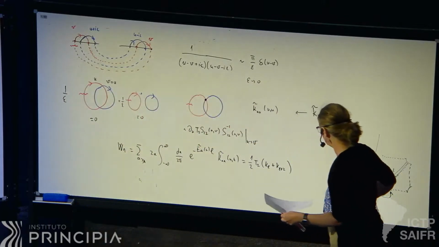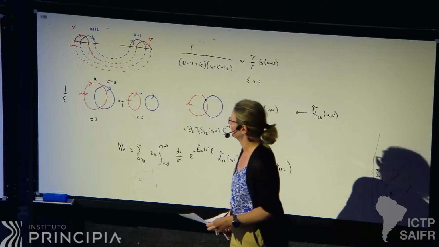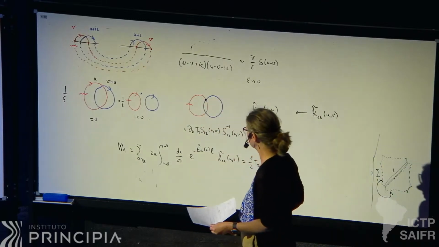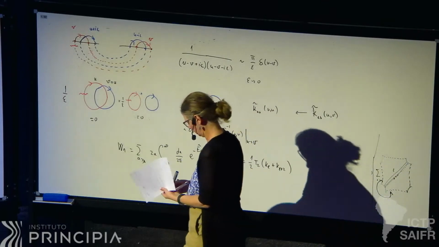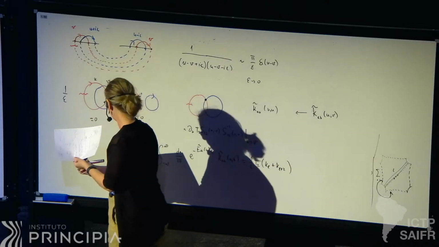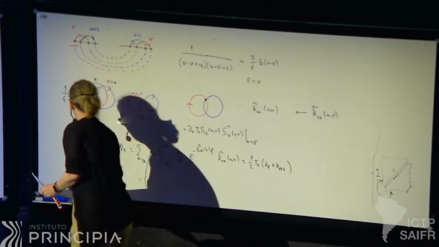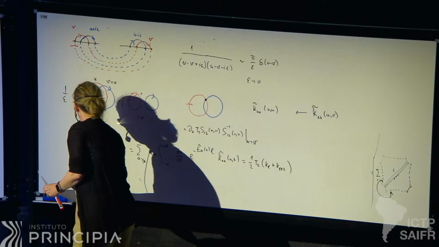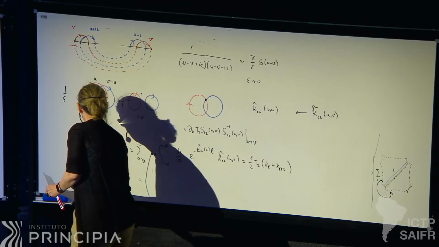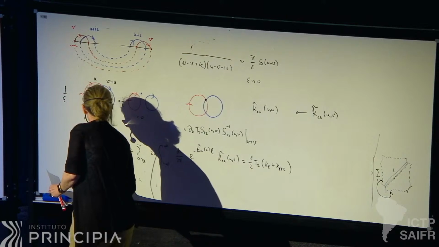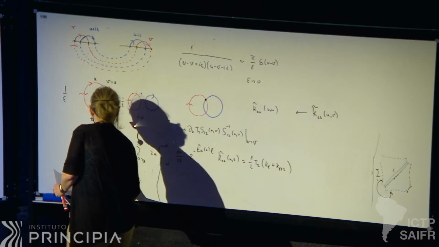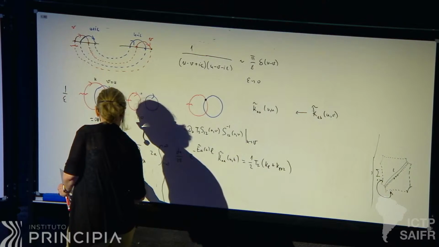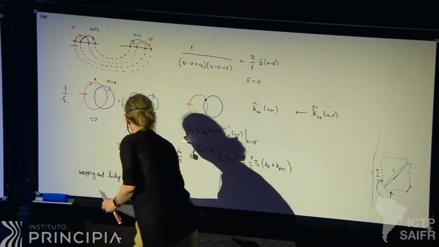So that's part of the answer. So now, I think I should stop. What we also have checked is that wrapping magnons and bridge magnons factorize.